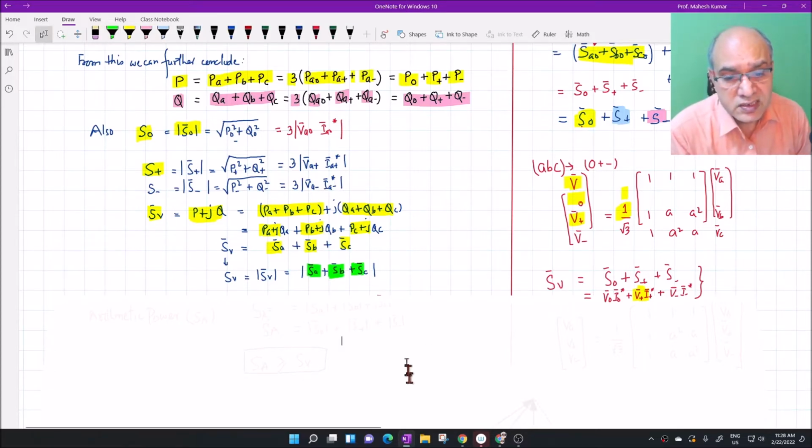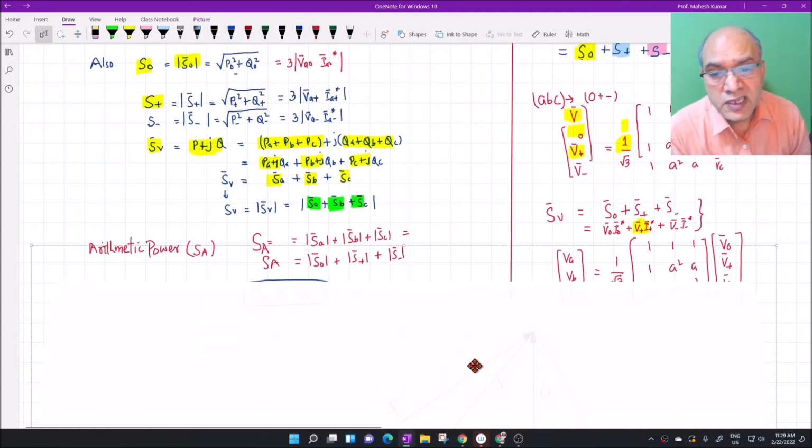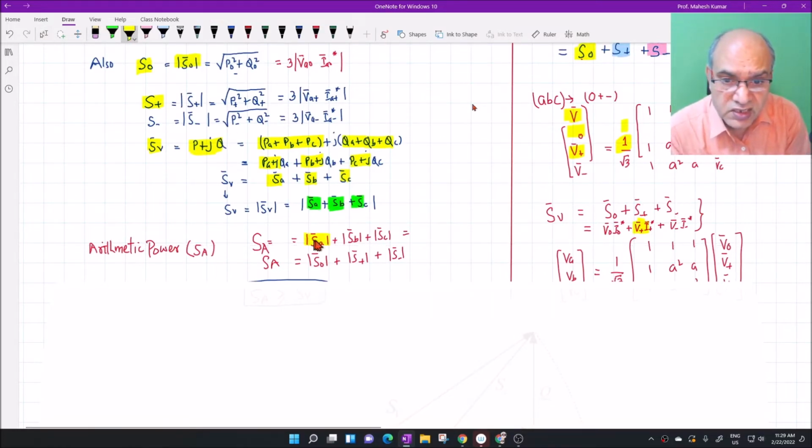But then you may ask why we should take the mod of the overall apparent power. Can we take the mod of individual apparent powers and sum them? For example, there is another possibility. The possibility is that we can add the mods of each individual phase apparent power.